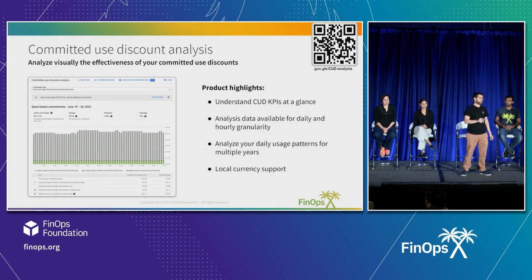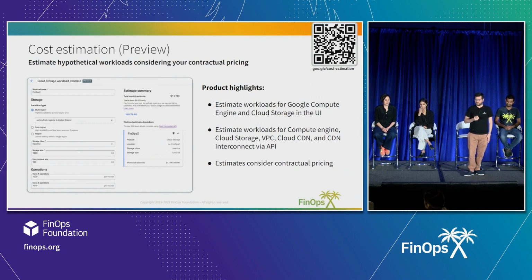Now, final product highlight of this, it supports local currencies. So if your billing account is denominated in a currency that is not US dollar, you will also be able to see that in your local currency. As I said, the QR codes have more information, so you can scan them and you will see more details. And if you have any questions, I'll be here to answer them.